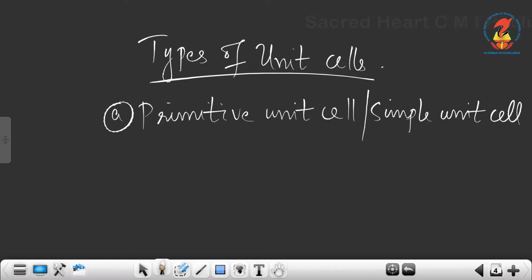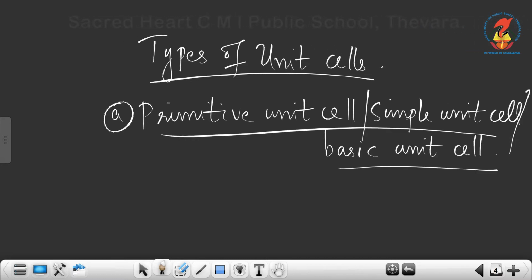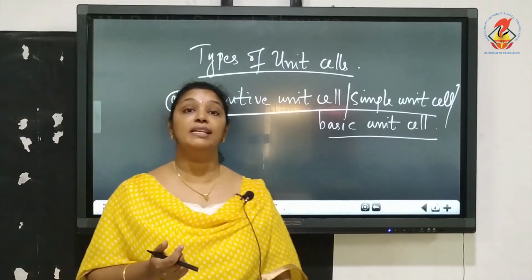Primitive or simple, or this is also called basic unit cell. All the 3 mean the same: primitive or simple or basic unit cell.